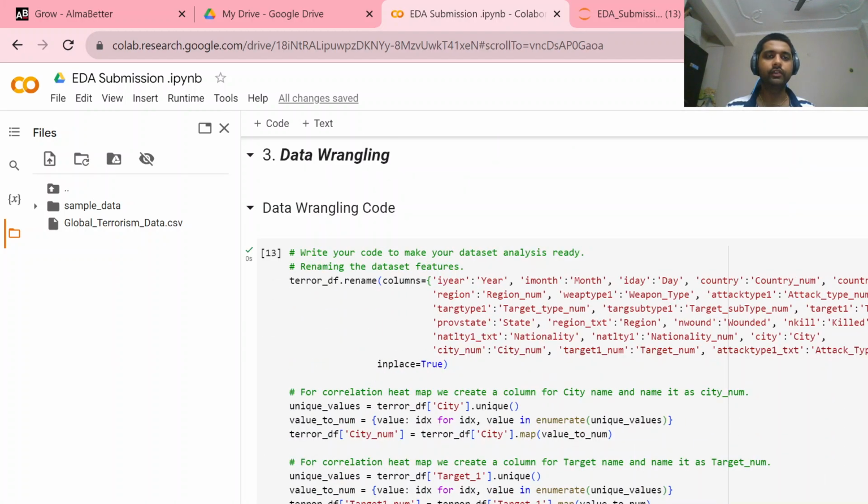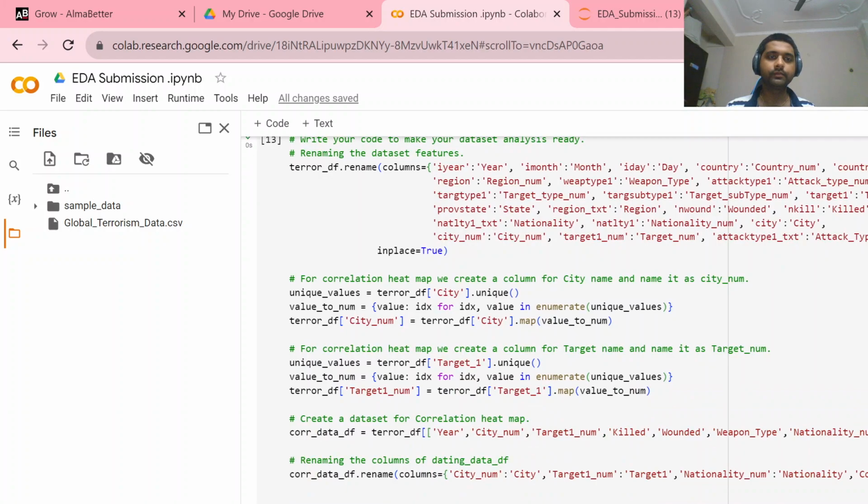Data wrangling: we filter and prepare our data for visualization and for doing the EDA. Here we rename the columns, so iyear becomes year, imonth becomes month, and so on. Region text becomes region.